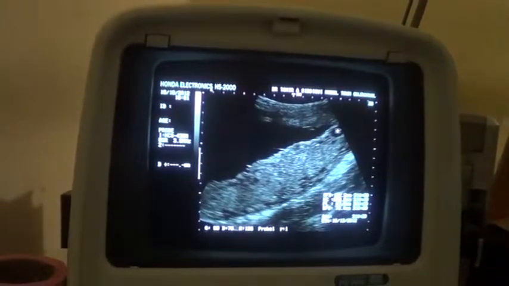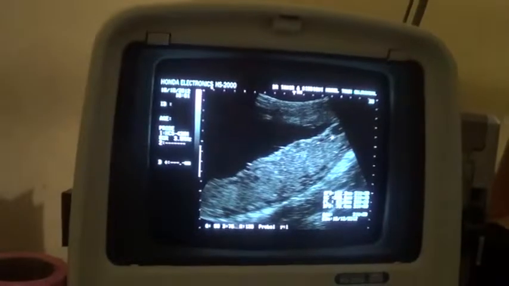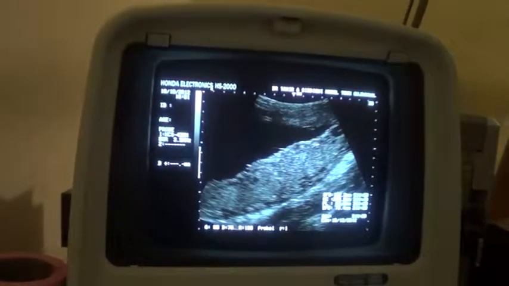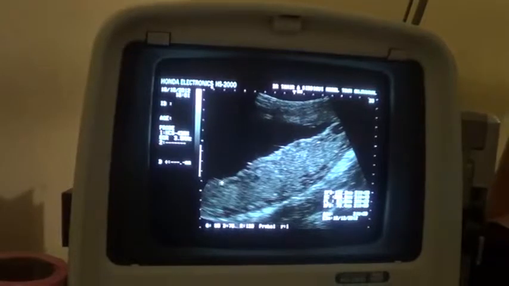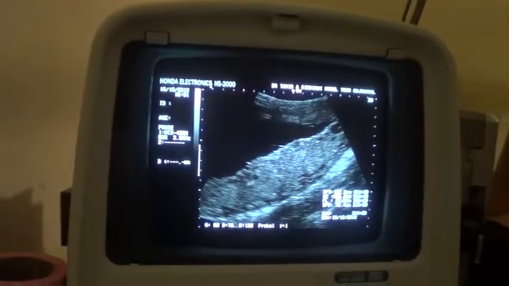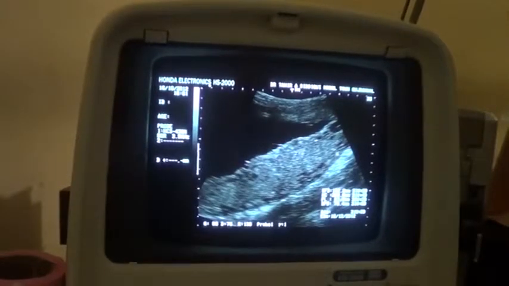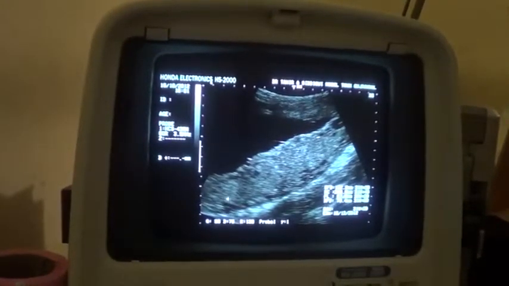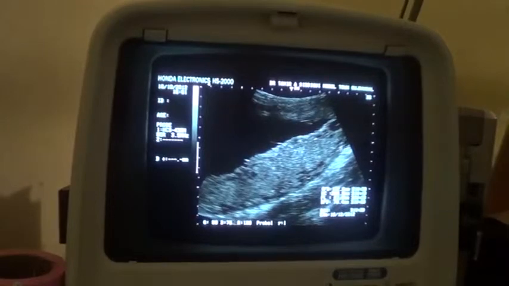These are the cotyledons, the placental lakes, and these are the echogenic strips along the chorionic plate. This is the placental substance. There is no calcification in it, and in this region we see no calcification.